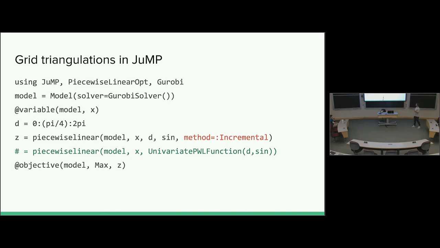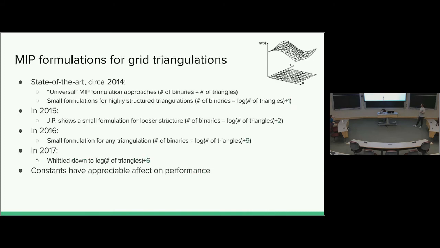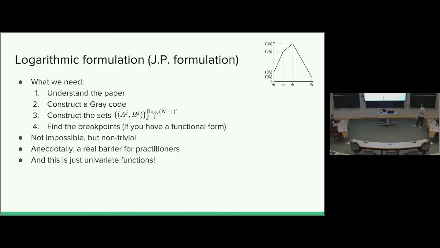So this really is the entirety of the user-facing footprint of the package. It's a single function. If you want, you can go in and explicitly construct the piecewise linear functions, but it's not necessary. The goal is, if you don't want to think about the formulation that you're using, then you don't have to.